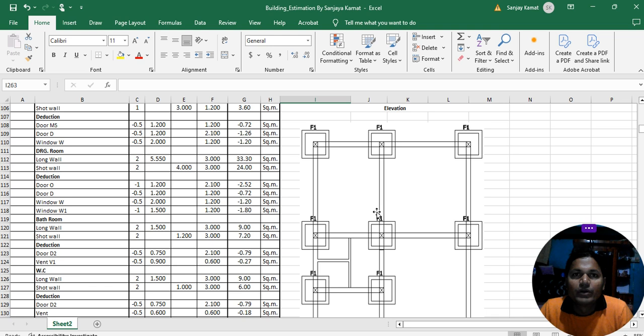It may be a one-story building, two-story, three-story, four-story, or five-story building. This is the method by which you can do the proper estimation of buildings or houses of any type.